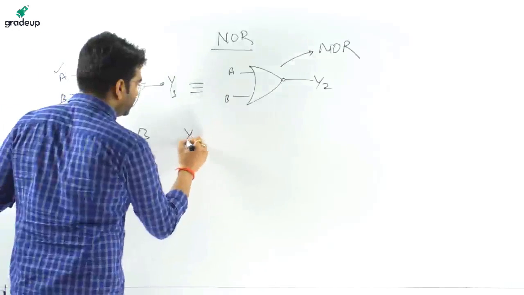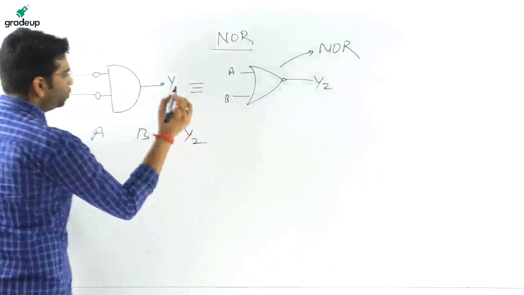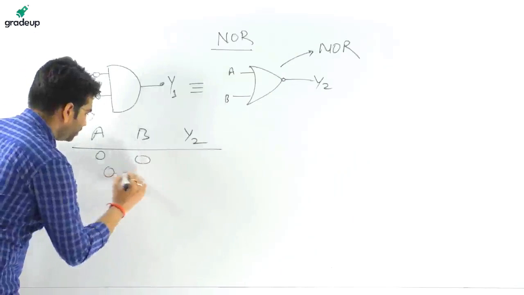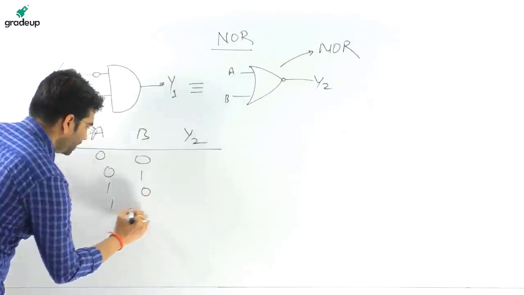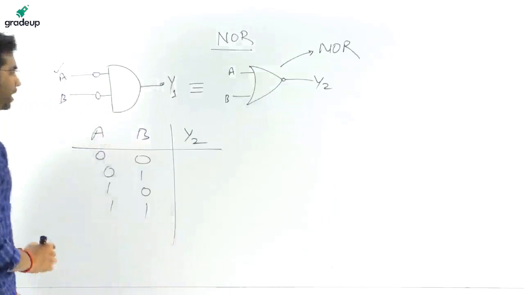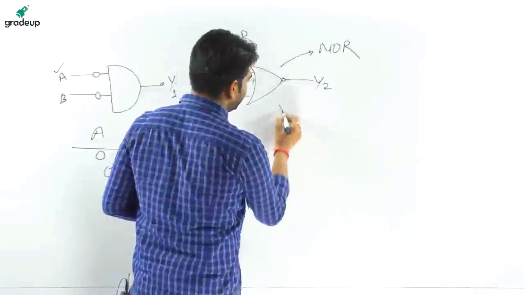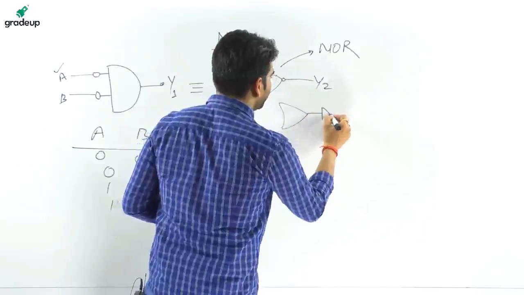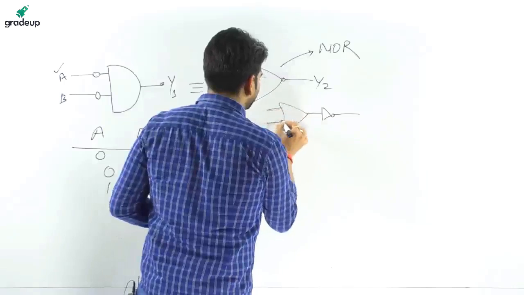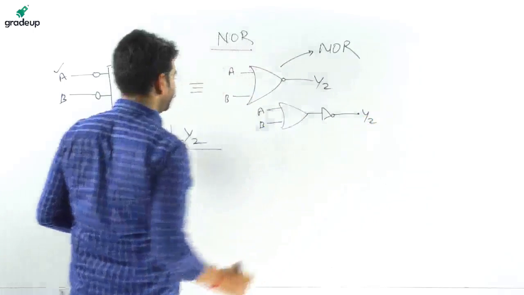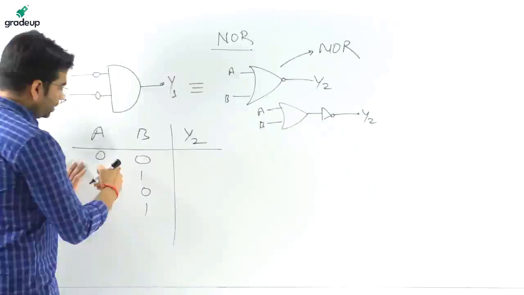A, B, and Y2 we will take first. 0, 0, 0, 1, 1, 0, 1, 1. What is the value of Y2? Y2 is actually an OR gate followed by a NOT gate.